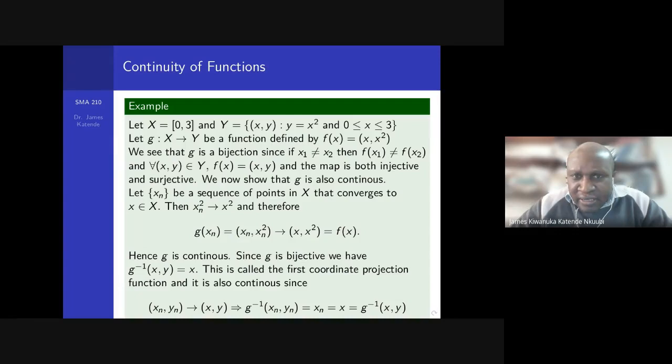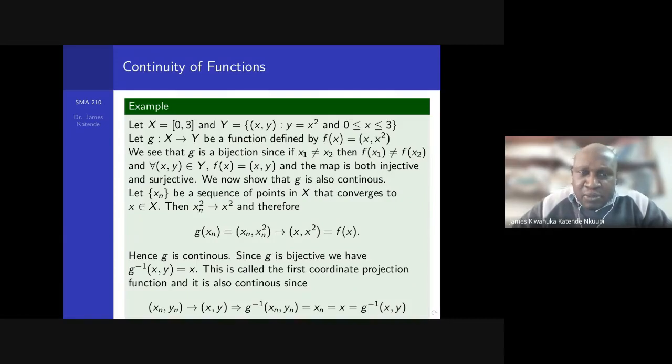We check first that it is injective. It's injective because if x1 is not equal to x2, then you can clearly check that G of x1 will not be equal to G of x2. This is possible because we have limited ourselves to positive numbers in the domain. If you had negatives, maybe that would not have worked.